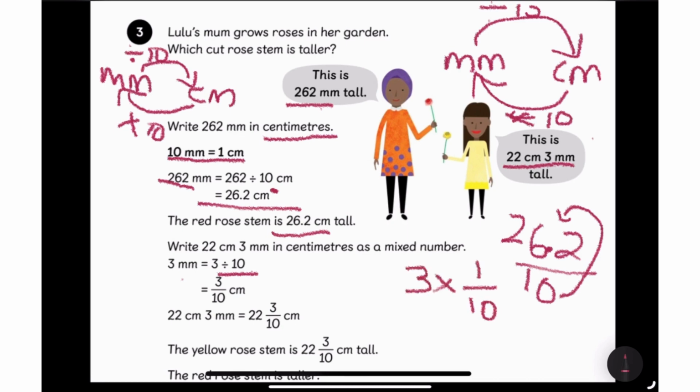So Lulu's rose is 22 and 3 over 10 centimeters. But of course, 26 is a bigger number than 22. Therefore, the yellow rose stem is 22 and 3 over 10, but the red rose stem is taller. Therefore, Lulu's mom's red rose is taller.